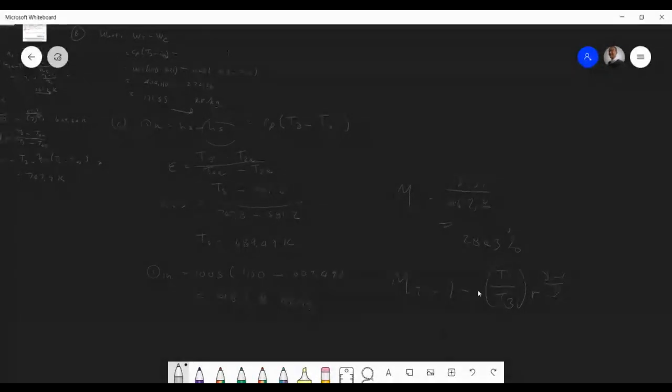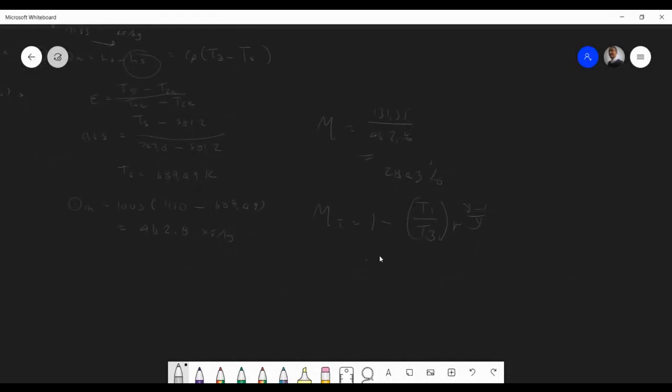So let's quickly confirm if we get the same answer. 1 minus the minimum temperature 310 over 1150, and pressure ratio was 7, to the power 0.4 over 1.4. Just check this answer, and always remember the cold standard air assumptions.